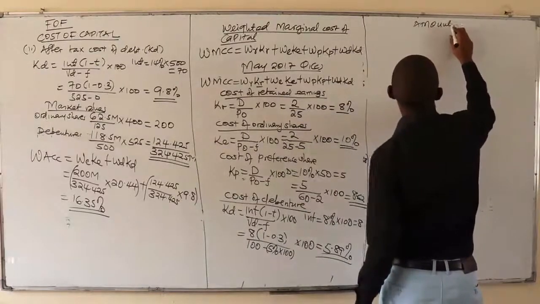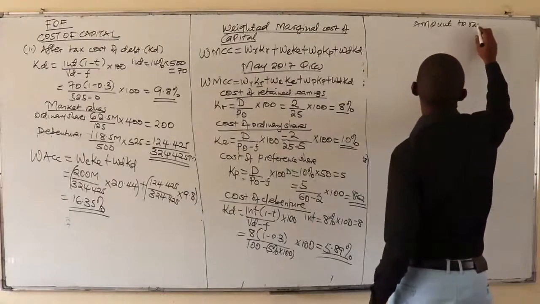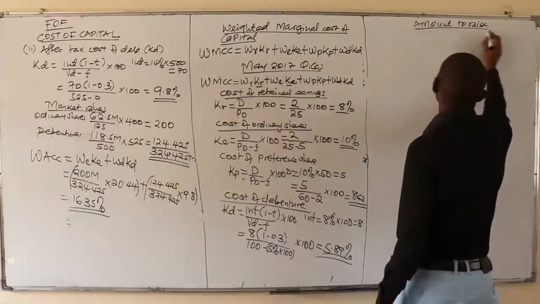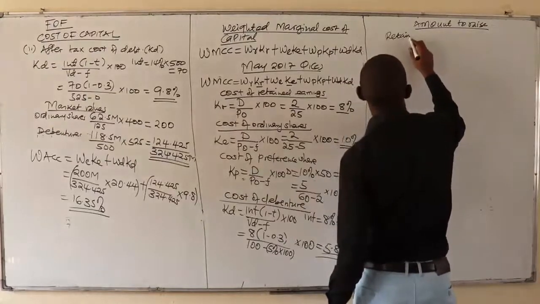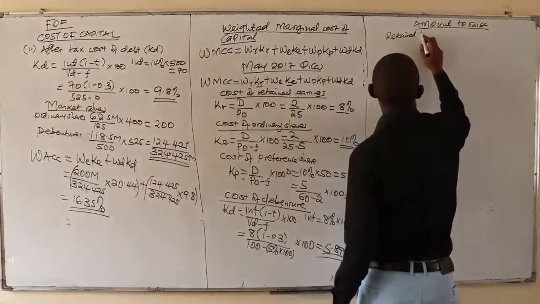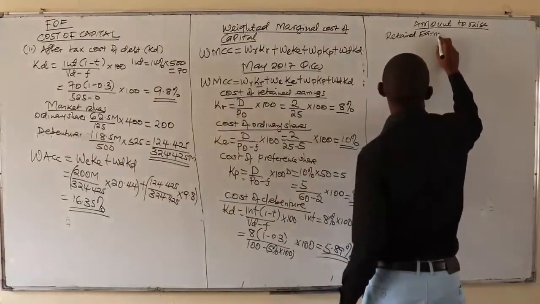With that, we now also look for the amount to raise. In this case, we are not using the market value. We raise the amount through the retained earnings, which are the internal sources.